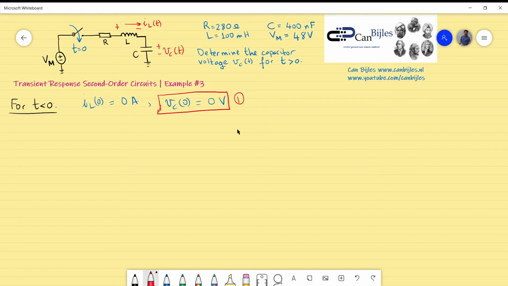The next one is the situation just after the switch is closed, that means at t equals 0 plus. The circuit is now connected to the voltage source Vm, and we have the following circuit.